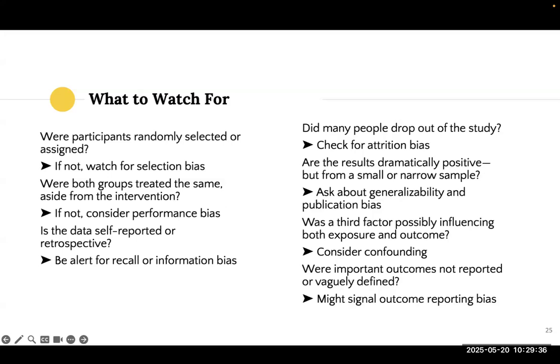That's that small, narrow sample size. Always ask about generalizability and publication bias. Was there a third factor influencing the results? And was the study group generalizable to the appropriate population? Always consider confounding. And if the important outcomes were not reported or vaguely defined, you might consider reporting bias.